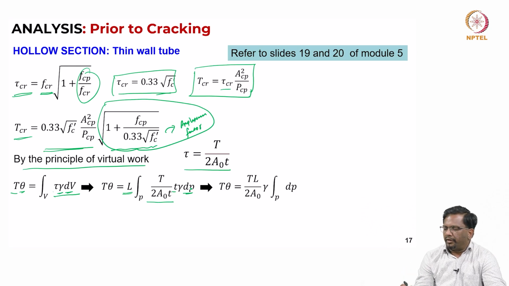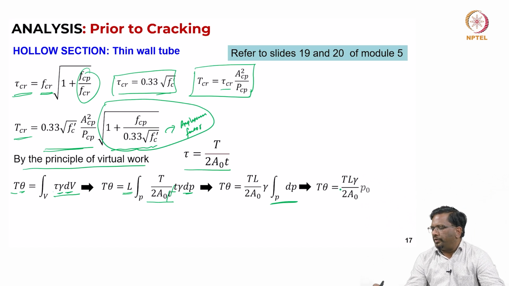So, when you do that, gamma can be taken out and when you integrate over this, t will get cancelled. The shear strain gamma on that particular cross section for pure torsion remains constant, so that also can be taken out, and I am integrating only the perimeter of the cross section.